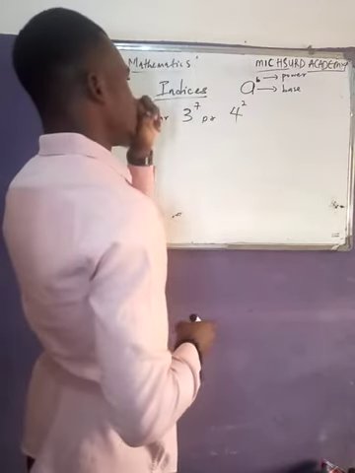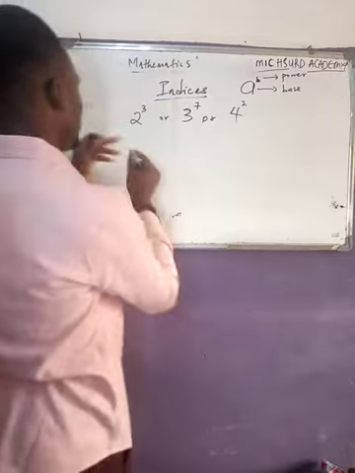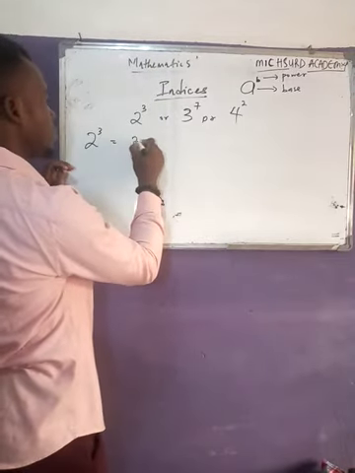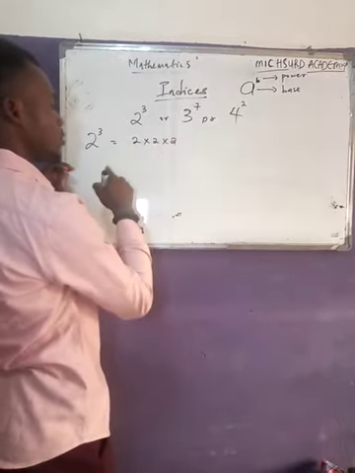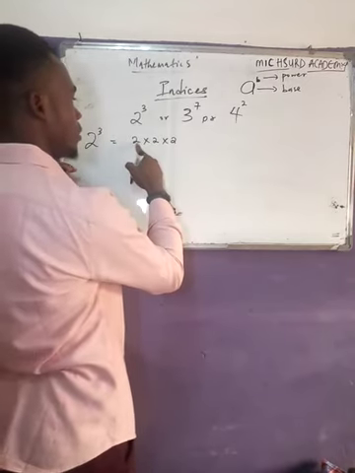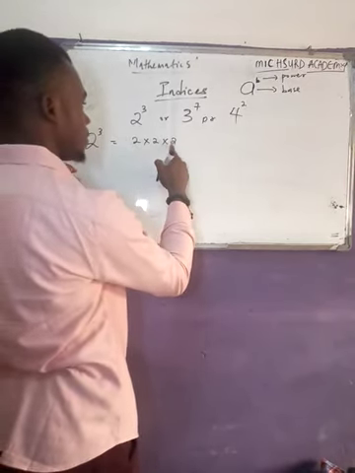Normally, if you see 2 raised to power 3, it means 2 times 2 times 2 in 3 places, which is 2 times 2 is 4, times 2 is 8.